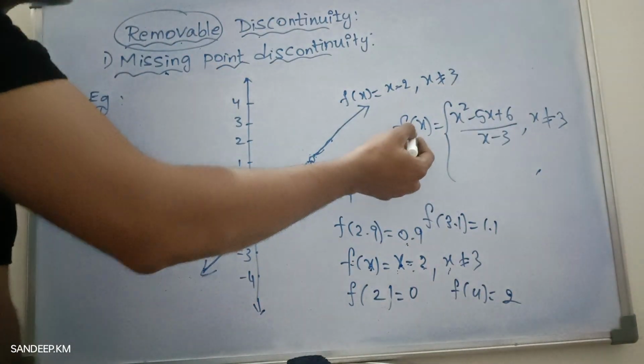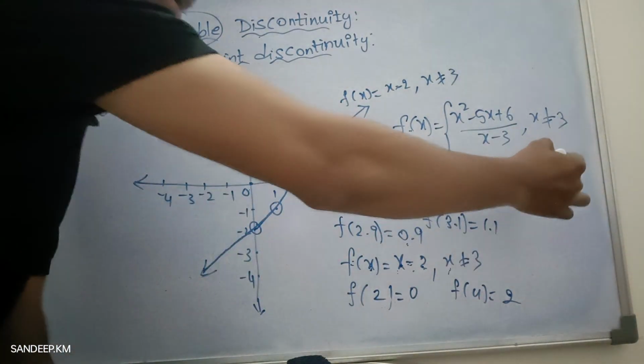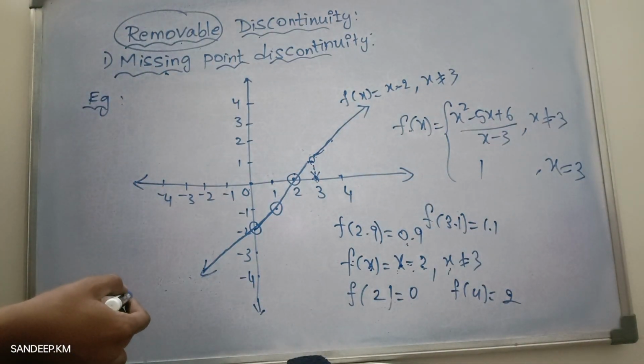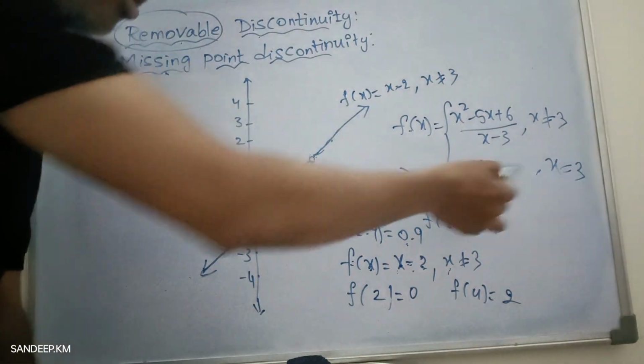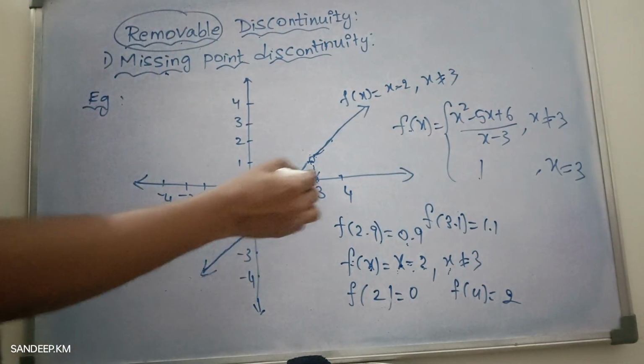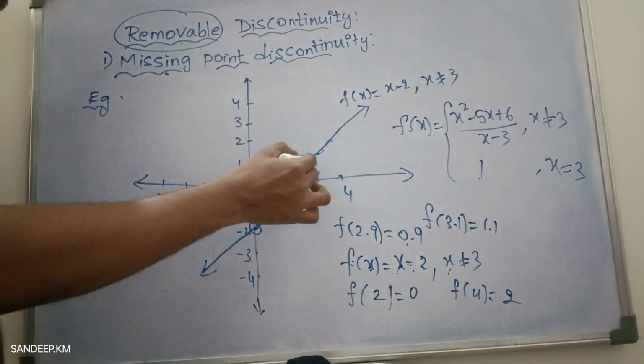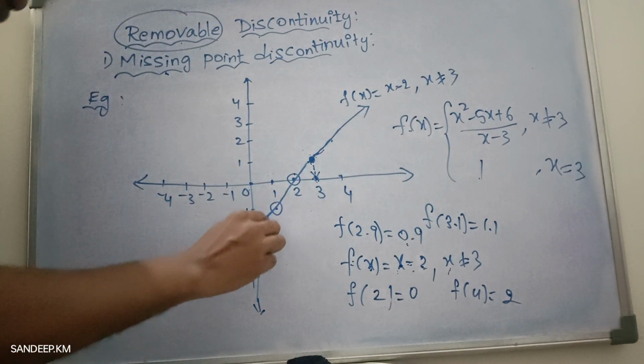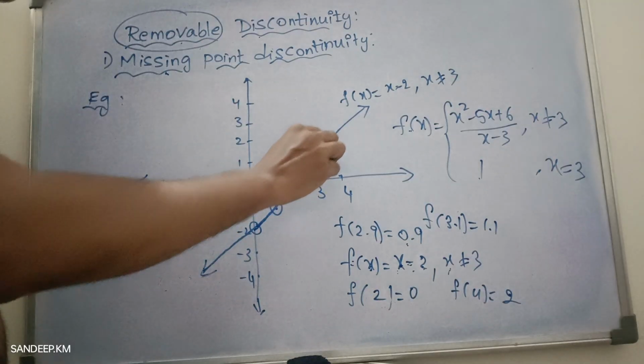So I will redefine f of x in such a way that when input x is equal to 3, the output is 1. I will redefine the function in such a way that when input is 3, the output is 1. Then what happens? When input is 3, the output is 1, this open hole gets closed. Now the function, I can draw the function continuously without lifting my hand.